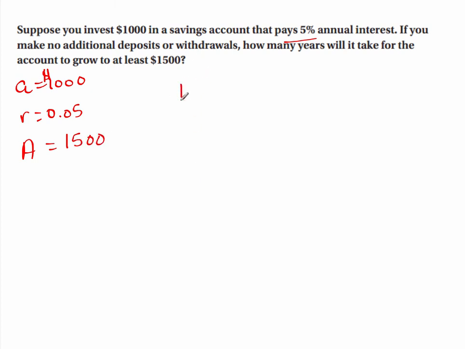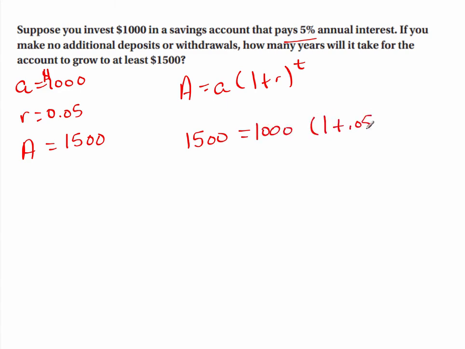Again, I want you to write out the formula. A is a times 1 plus R to the T. Now substitute in: 1,500 is equal to 1,000 times 1 plus 0.05 to the T. Divide both sides through by 1,000. 1.5 is 1.05 to the T. Now obviously for this problem, you're going to need to solve this.